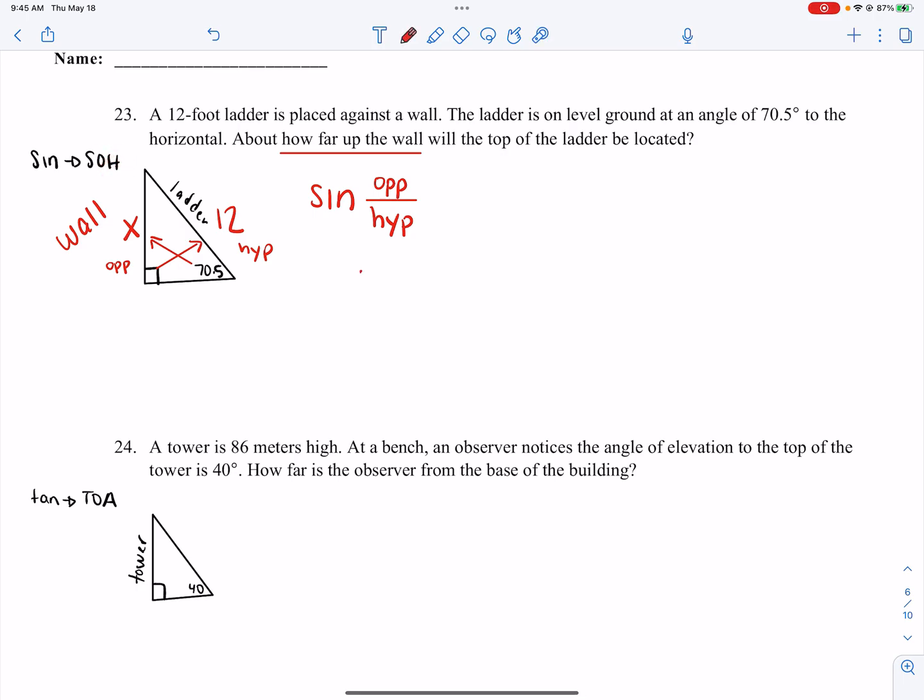That means the sine of the angle I know, 70.5, is equal to my opposite over my hypotenuse. So sine of 70.5 equals x over 12.